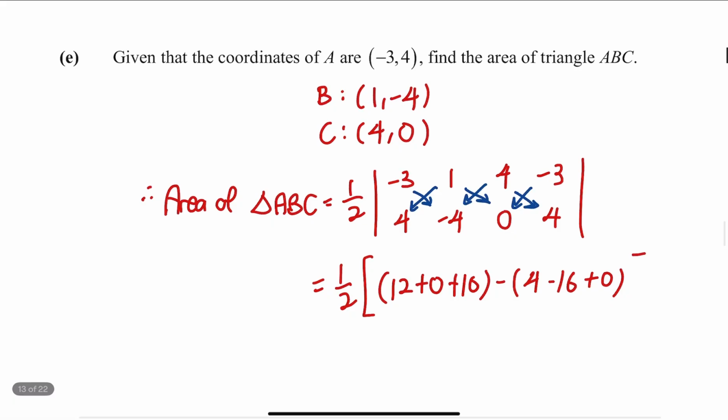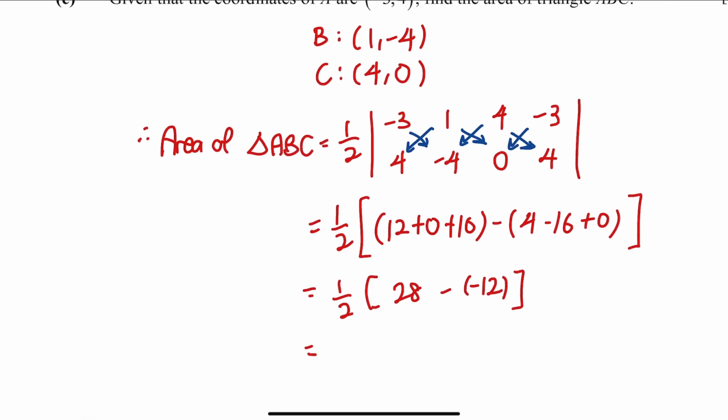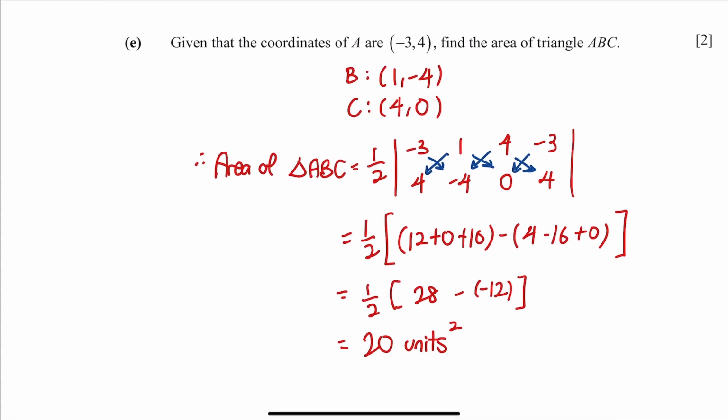So this will be, simplify, half times 28 minus -12. Calculate in your calculator, you will get 20. Remember, area, this should be a unit square. And this is for part E.